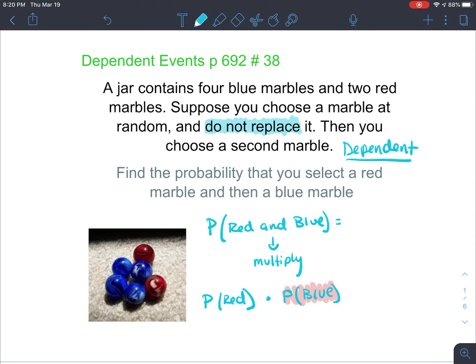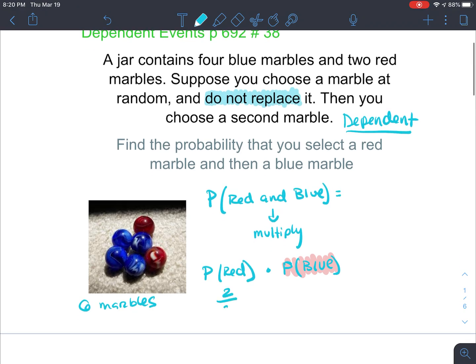For example, we have a total of 6 marbles in this bag. On the first round, we have a 2 out of 6 chance of pulling a red marble. So that's the probability of red. Now, what are we multiplying that by? Well, let's assume that we took out this red marble.